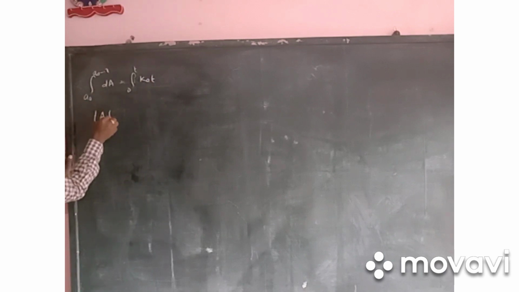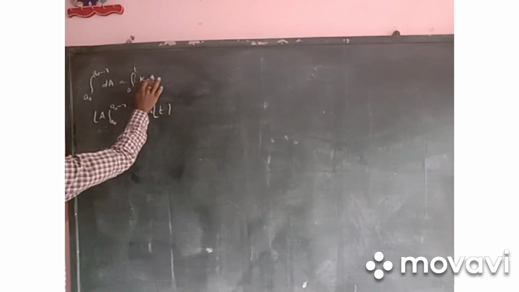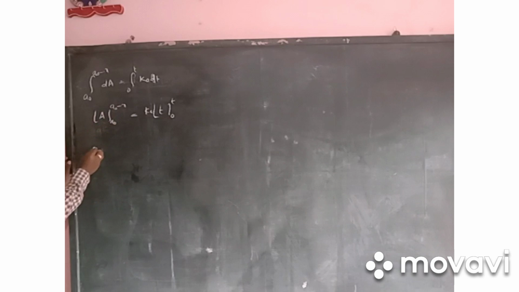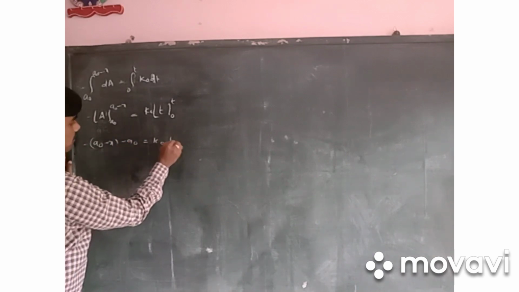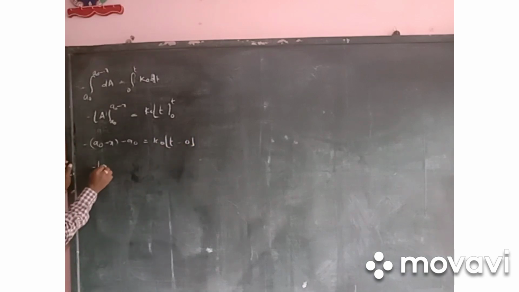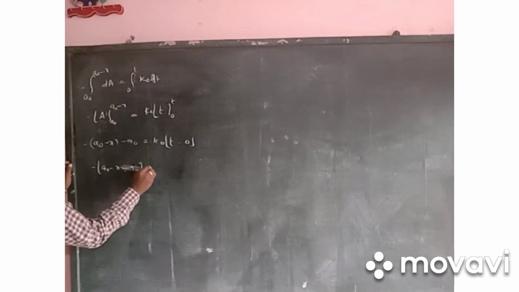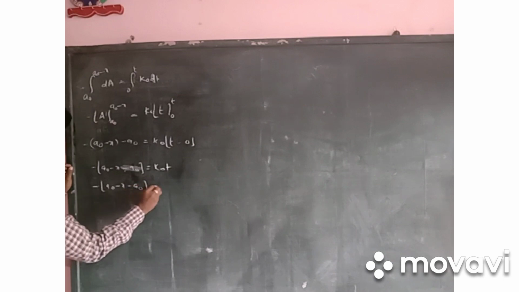Integration of dA is A, with lower limit A naught and upper limit A naught minus x, equal to k naught into integration of dt, which is t, with upper limit t and lower limit 0. Substituting the upper and lower limits, minus of (A naught minus x) minus A naught is equal to k naught into (t minus 0).